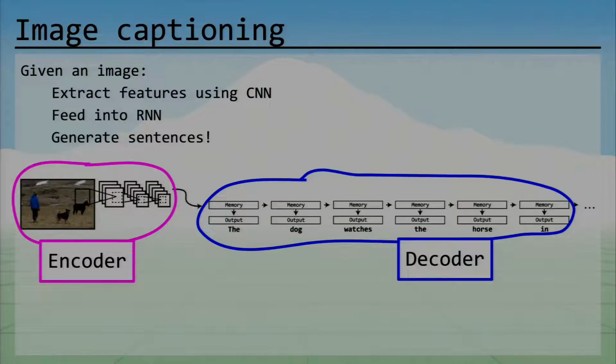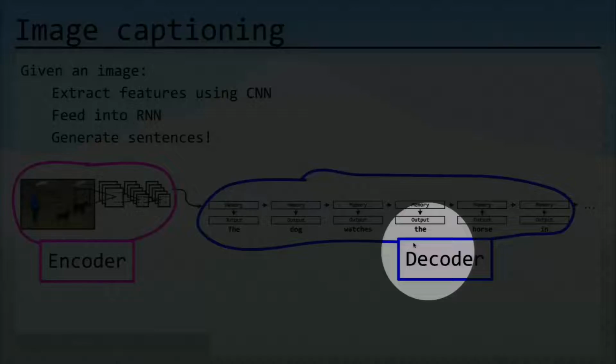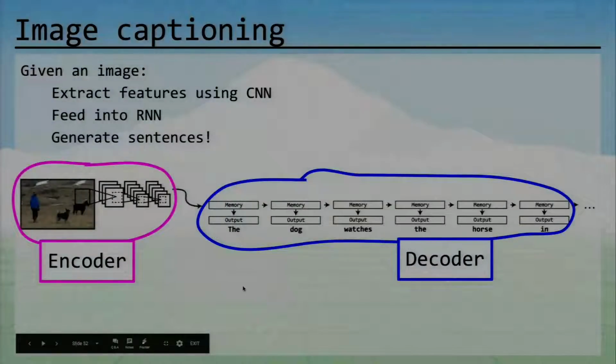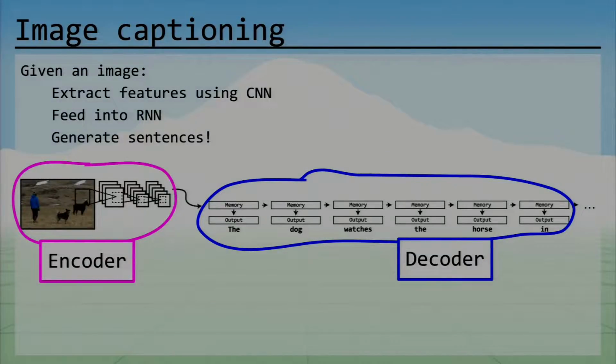In practice, the COCO dataset came out around 2014, and there was one conference that year where 7 people all did the exact same thing. They just did this encoder-decoder style thing for image captioning, and the people running the conference were like, what do we do with all of this?